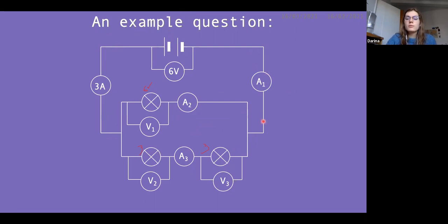So A1 is just in a series circuit. How do we work out current in a series circuit? We say that it's the same everywhere. So what will the current be in A1? Go on, type it in the chat. Don't be shy.